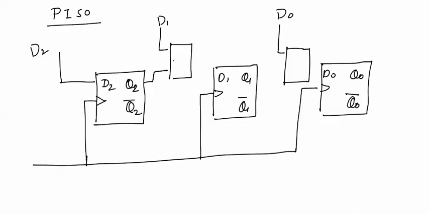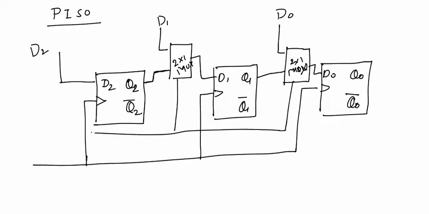This device will be a 2:1 multiplexer which will multiplex the input and the serial transfer of the data. The design will be like that, and the select lines of these multiplexers will be taken out.